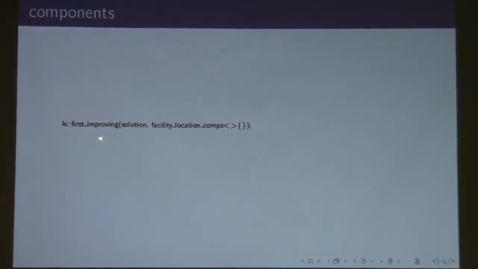So now we are just using this generic components class, and everything looks essentially the same. We just call our first improving, provide a reference to the solution, and we provide our local search components.